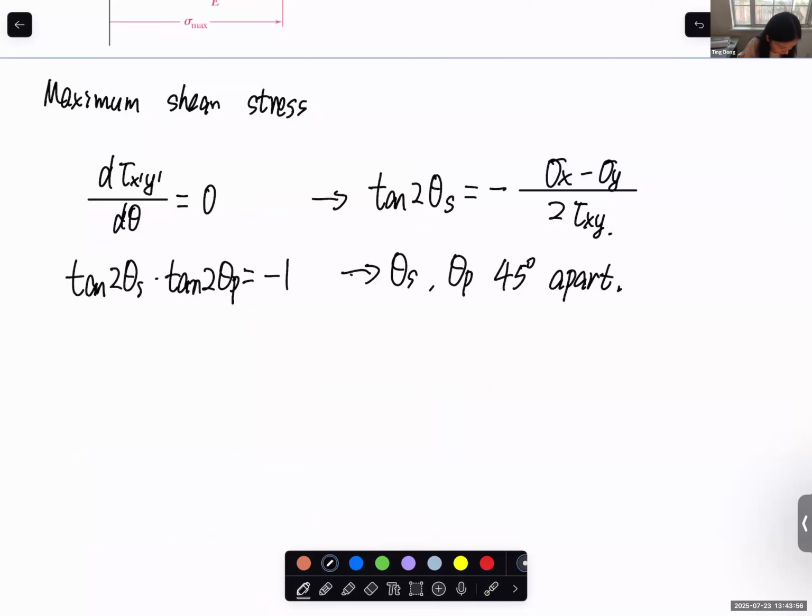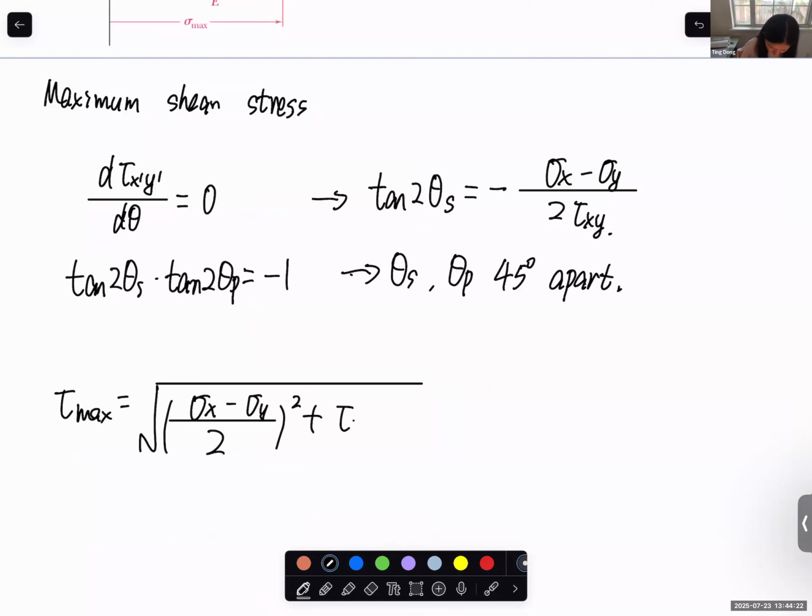So again, we want to know the maximum shear stress value. Tau max equals, if you plug theta s into the tau x prime y prime equation, you get the square root of ((sigma x minus sigma y) over 2) squared plus tau xy squared.